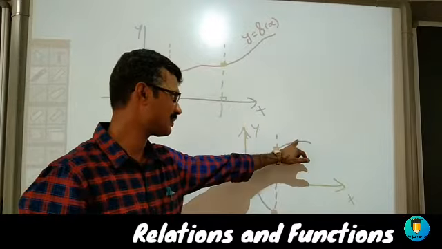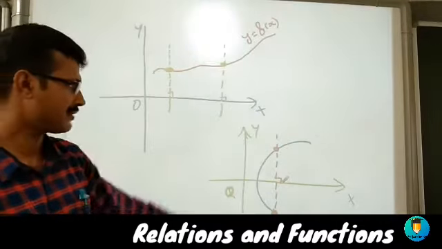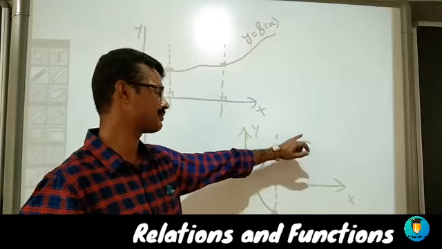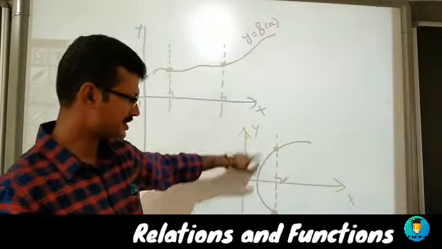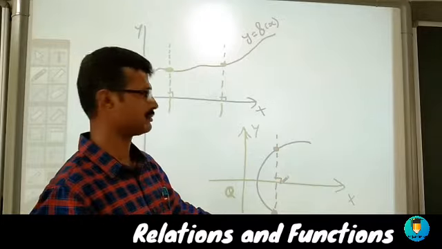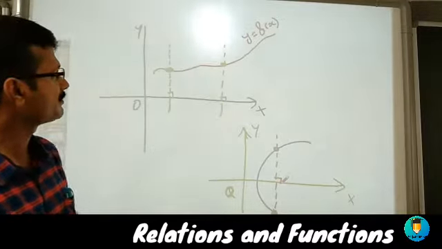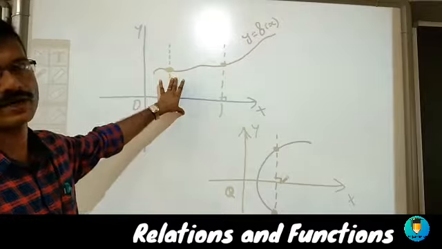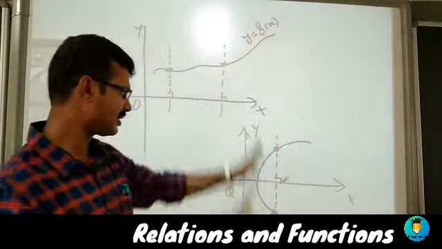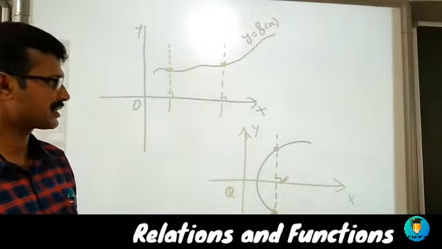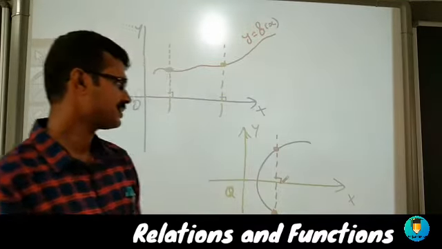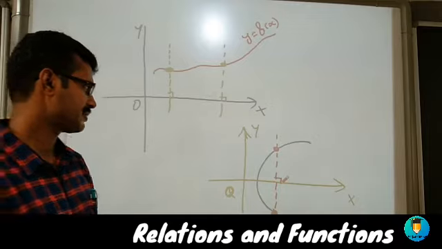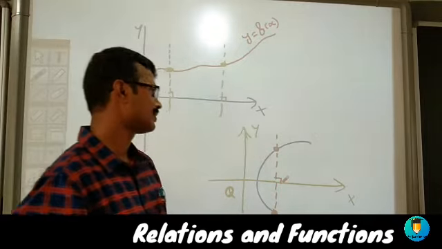So naturally this graph is not a function. This equation's graph is not a function. So this is the way we can check whether a given graph is a function or not. Just draw vertical lines, and if a line intersects the graph in more than one point, then the graph does not represent a function.